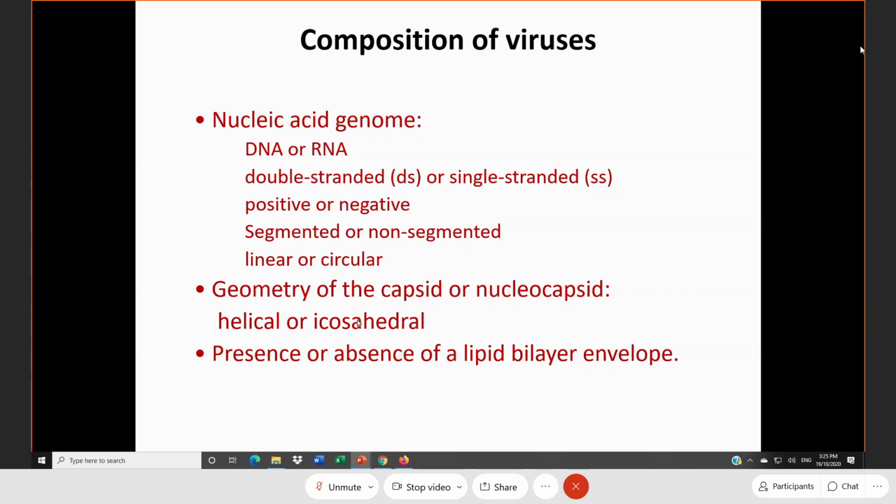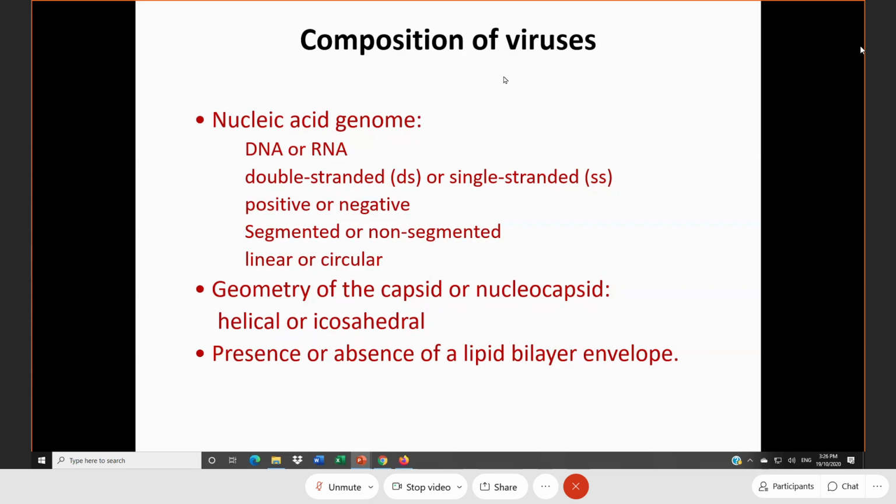The copper coil inside could be the DNA, and what surrounds it we call the capsid. Instead of durian shape, it becomes a filament shape. That's helical nucleocapsid. Icosahedral is actually a diamond shape nucleocapsid.